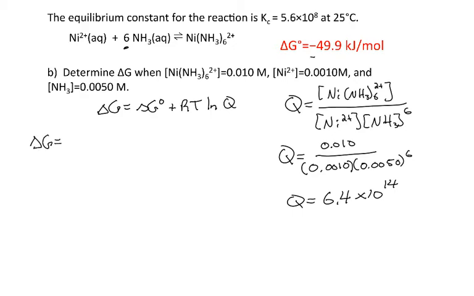So delta G naught from part A is negative 49.9 plus R times T times the natural log of 6.4 times 10 to the 14.